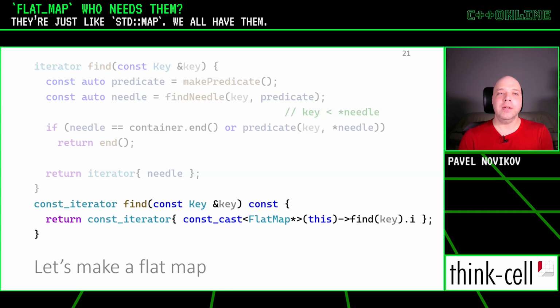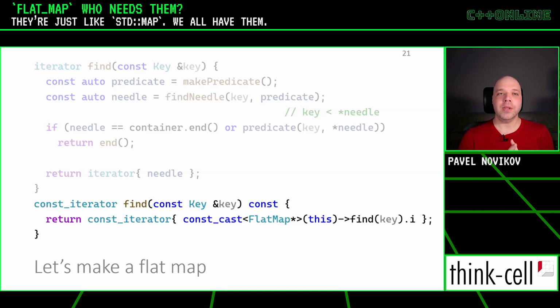We can define non-const version of find. And when we call that version, we know that this object is not const, because otherwise it would be undefined behavior to call non-const version on const object. So when someone calls non-const version of find, the object should be non-const.